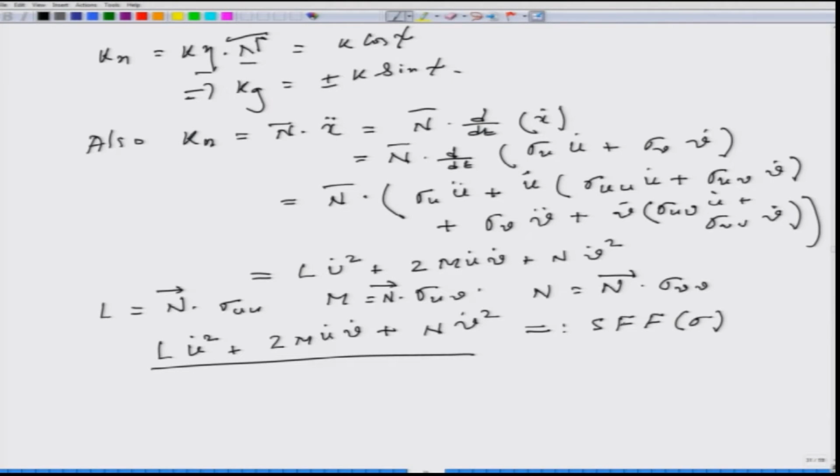What does SFF stand for? If you recall from the other lecture, S stands for second, since we have already seen the first fundamental form. So this one is called the second fundamental form of the surface sigma.